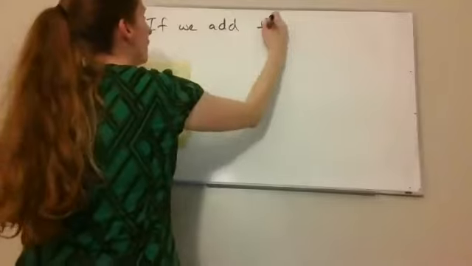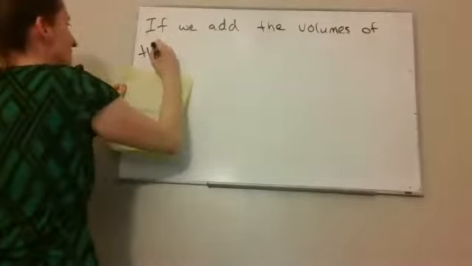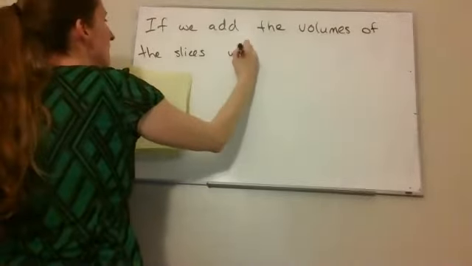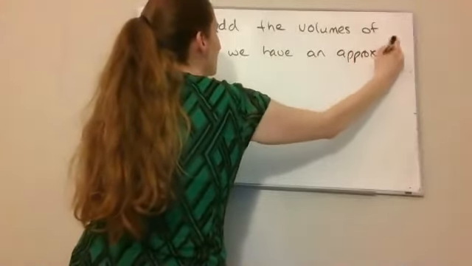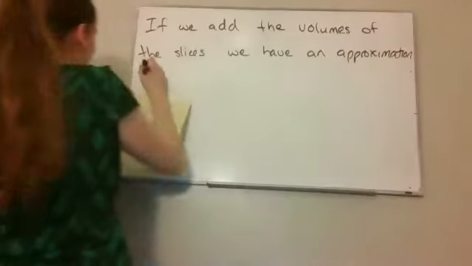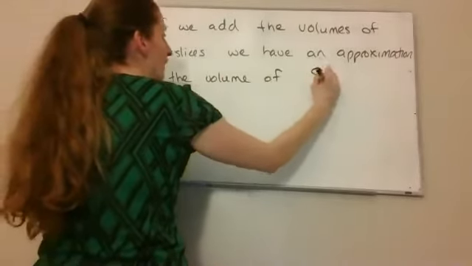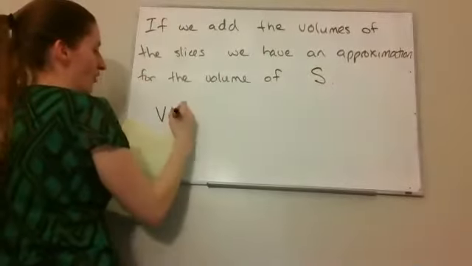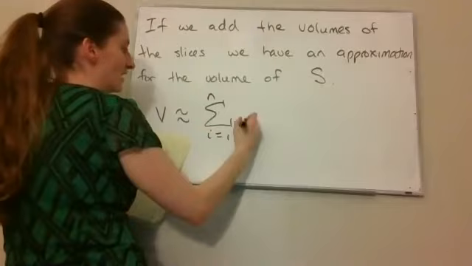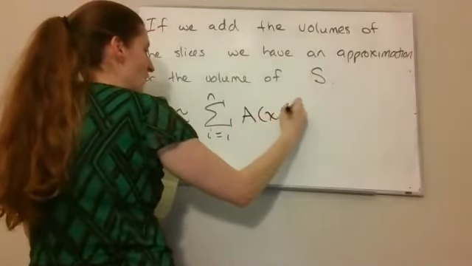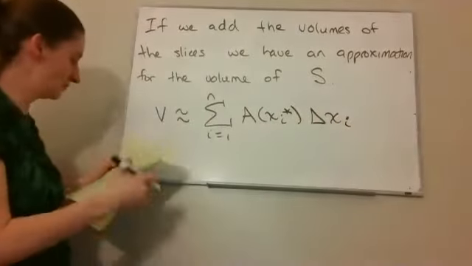So if we add the volumes of the slices, we have an approximation for the volume of our solid S. The volume is approximately equal to a sum from 1 to n of the area of that cross-sectional face times the height of that particular cylinder.